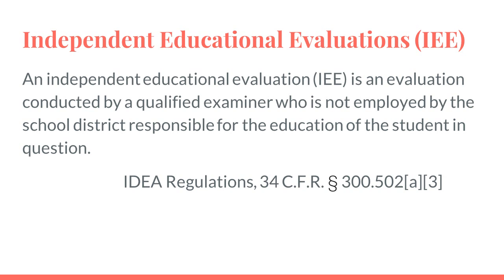Two, the school district can file a due process complaint to request a hearing to prove that their evaluation done at the school was appropriate. And if they win the case, the parents can request an IEE, but it would be at their expense because they already proved that the district one was appropriate. And this all needs to be done without delay. So as soon as you get that request, you need to start moving on it.